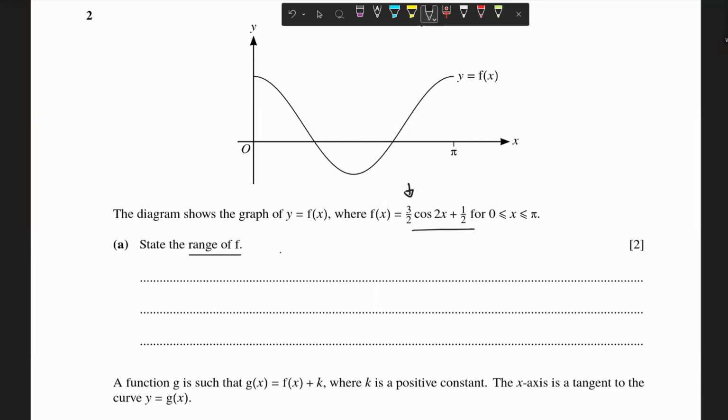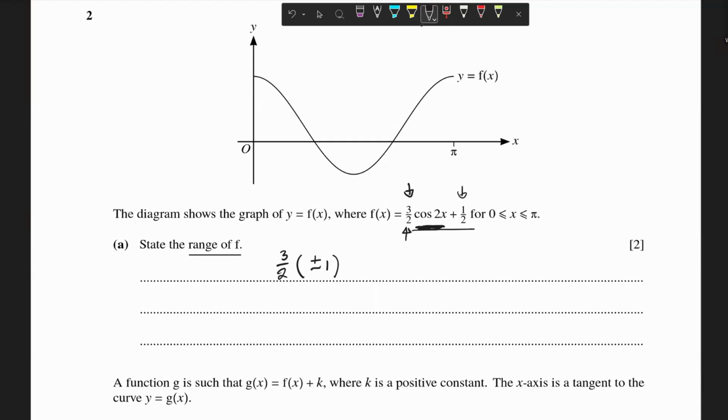So basically, 3 over 2 is multiplying cosine of 2x, and the range of cosine of 2x as an individual function is plus or minus 1. Remember, for a normal cosine graph, y is equal to cosine x or cos of any multiple of x, the maximum and minimum value is always plus and minus 1. But here it is being affected by a stretch of 3 over 2. So we are multiplying those two limits, plus and minus 1, by 3 over 2.